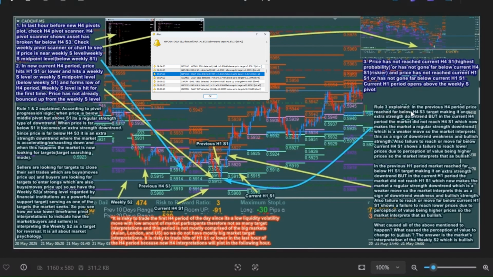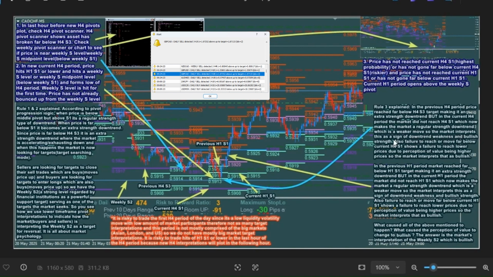Rule 3 explained. In the previous H4 period, price reached far below H4S3 target, making it an extra strength downtrend. But in the current H4 period, the market did not reach H4S1, which now makes the market a regular strength downtrend, which is a weaker move.